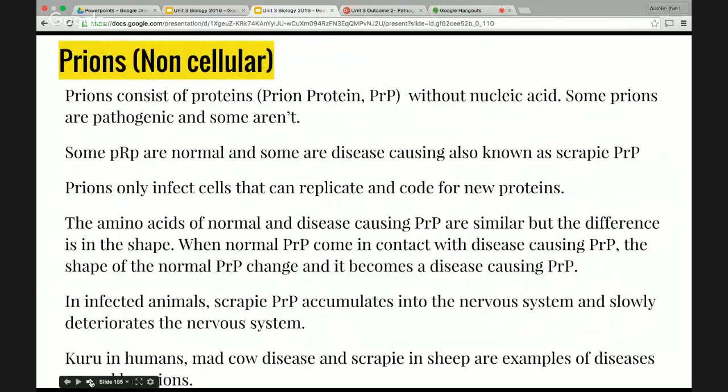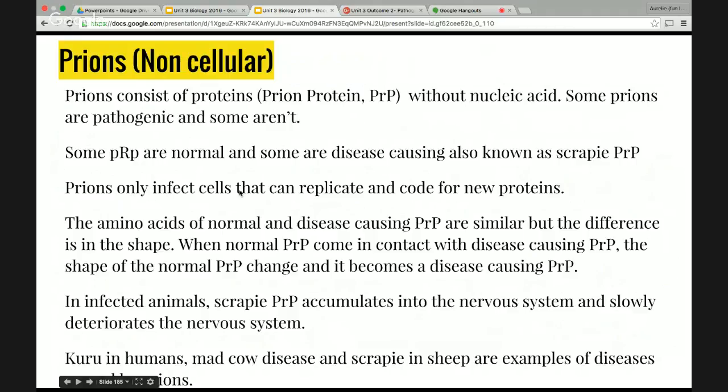Then you have prions. Prions consist of proteins, prion protein PrP, without any nucleic acid. Some prions are pathogenic, while some aren't. Some prion protein PrP is normal, and some is disease-causing, called scrapie PrP. So there are two types: the normal, and the scrapie PrP.